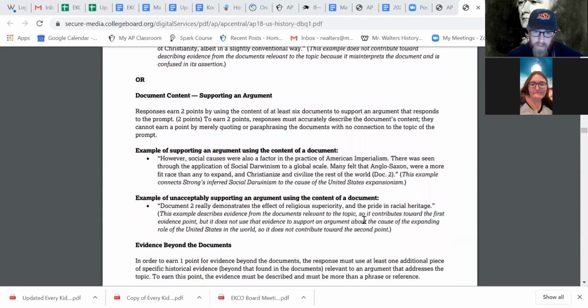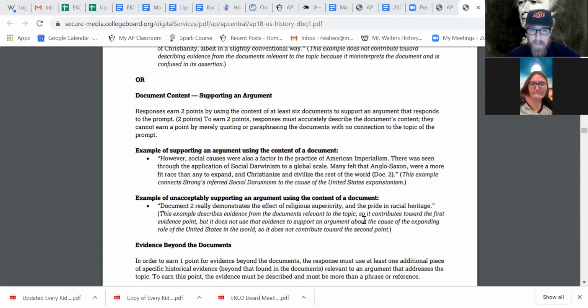Okay, so here's a good example. However, social causes were also a factor in the practice of American imperialism. This was seen through the application of social Darwinism to a global scale. Many felt that the Anglo-Saxon were a more fit race than any to expand and Christianize and civilize the rest of the world. Document 2.